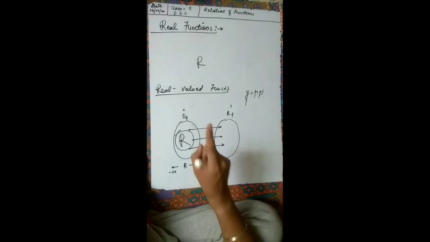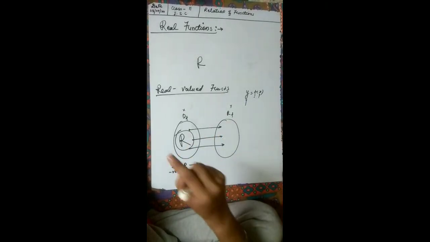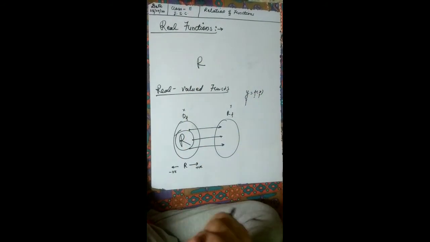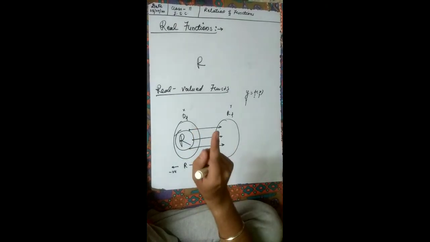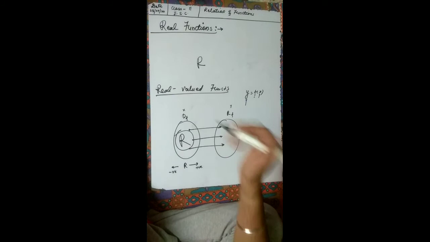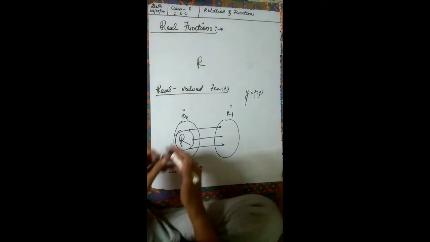And further, if its domain is also either R or a subset of R, then it is called a real function. Thus the real function and real valued functions are defined like this.